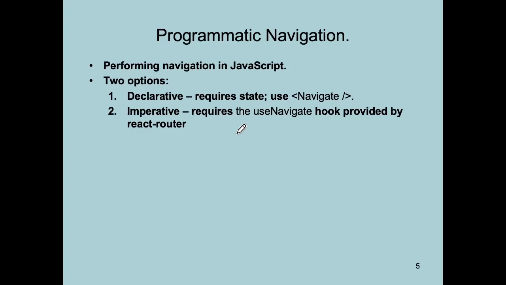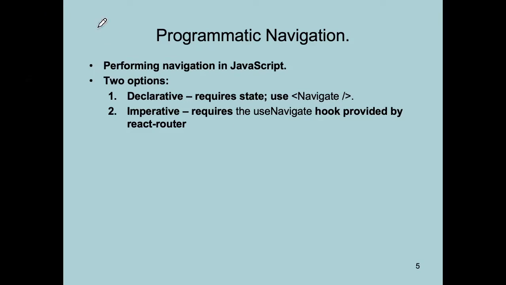The two approaches to implementing programmatic navigation, I'm classifying as a declarative approach, or alternatively an imperative approach. With the declarative approach, you have to introduce a state variable specifically to enable you to implement the programmatic navigation.